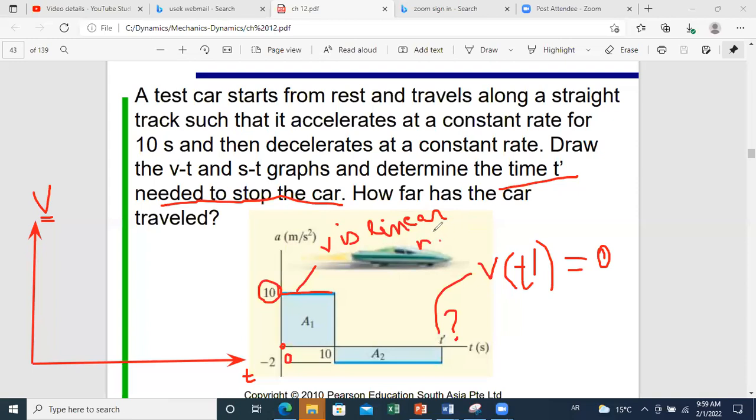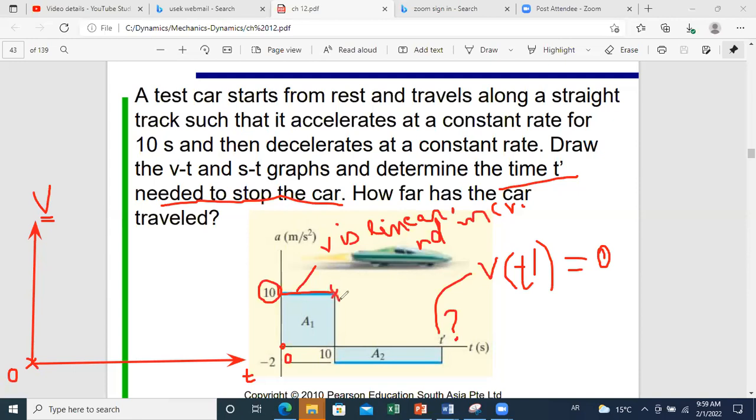It's linear and increasing, and the boundary condition that I know is V0 equals 0, that exactly at t equals 0, the velocity equals 0. So the first point I can put on my graph corresponds to t equals 0, v equals 0. The second point is at the end of my phase 1.